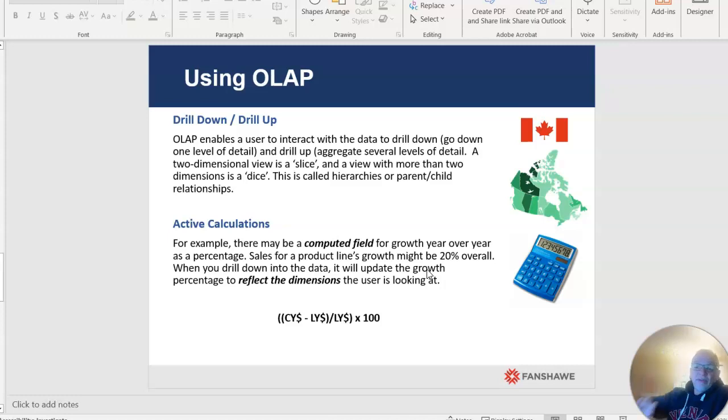It moves with the data. And so here's an active calculation. Current year sales minus last year's sales divided by last year's sales times 100. This is a percentage, and you can drill down into the data, and the percentage growth rate will be reflected in the drilled down dimension.